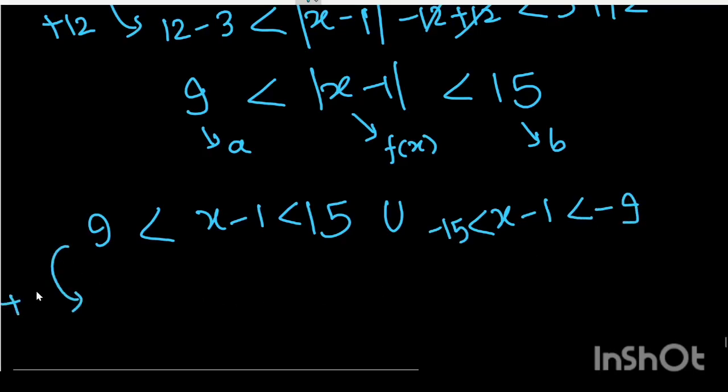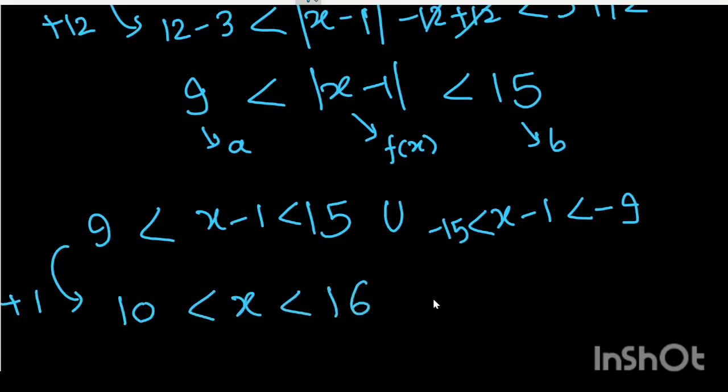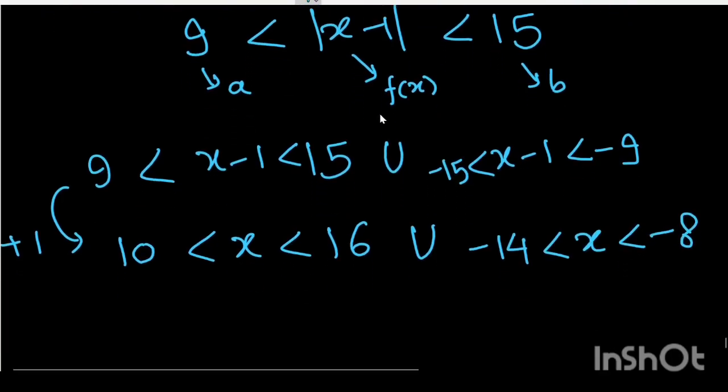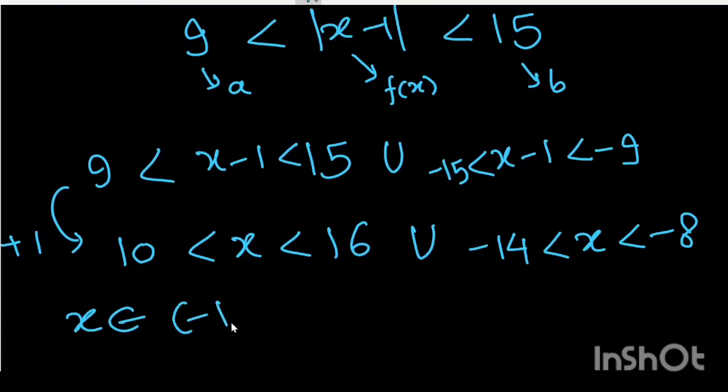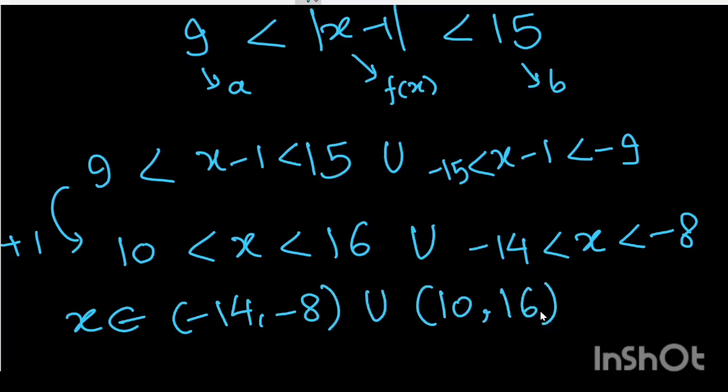So adding plus 1 in both the inequalities, 9 becomes 10, minus 1 plus 1 cancels out, this becomes 15 plus 1, 16, union minus 15 plus 1, this becomes minus 14, and this becomes minus 8. So the answer is x belongs to minus 14 to minus 8 union 10 to 16, guys. Okay, so that way we can do.